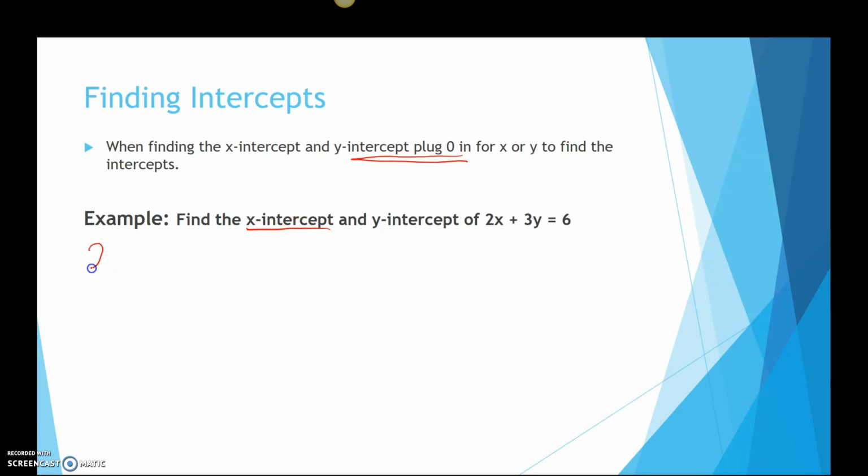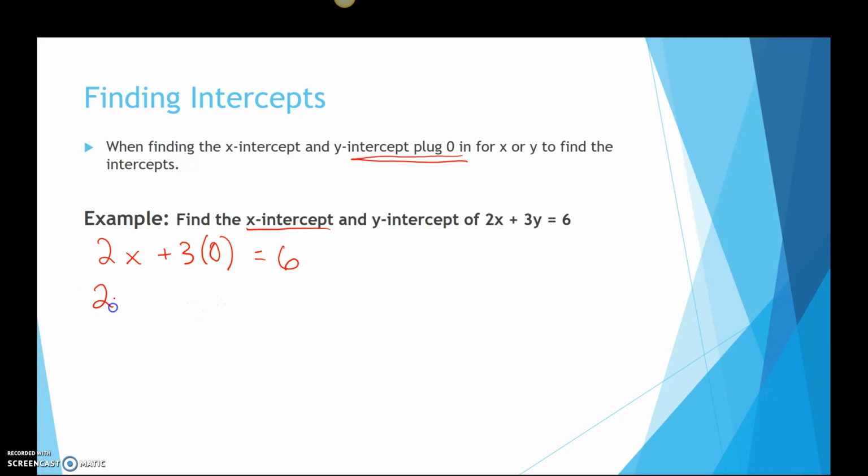So we have 2 times x plus 3 times y. We're going to plug in 0 for y because we want to find the value of x. That's going to equal 6. Well, 3 times 0 is just 0.